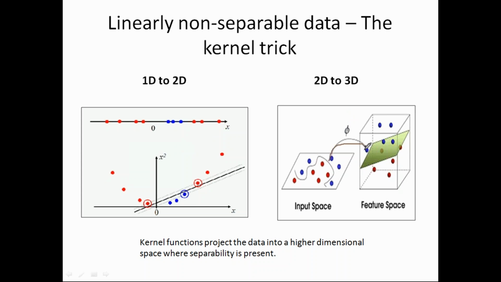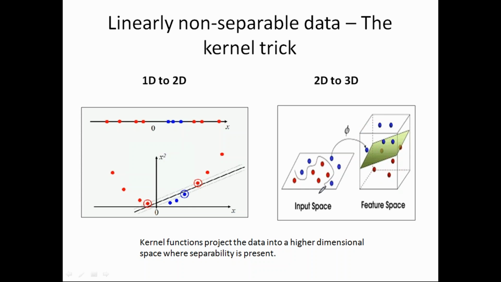You transform the points through this function phi, such that this 2D space in the 3D space can get separated by a plane. You see, all the blue points are lying above the plane and all the red points are lying below the plane. And now the plane is linear, the plane is straight, isn't it?